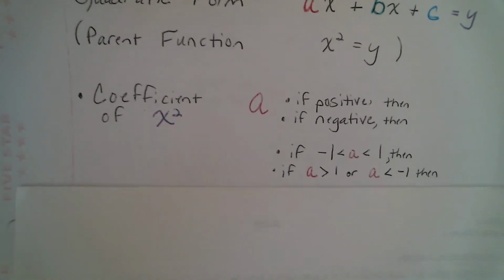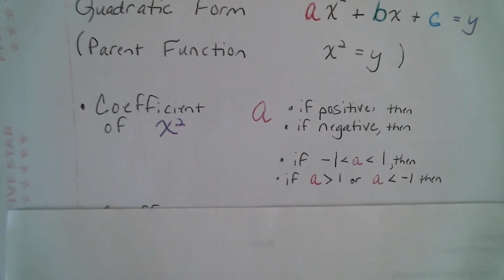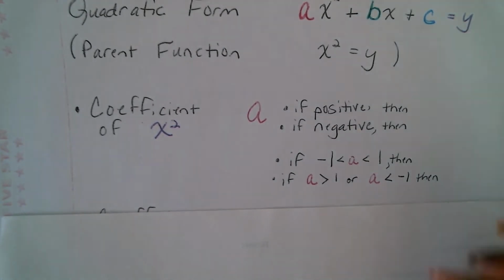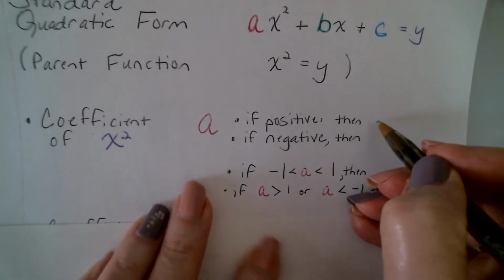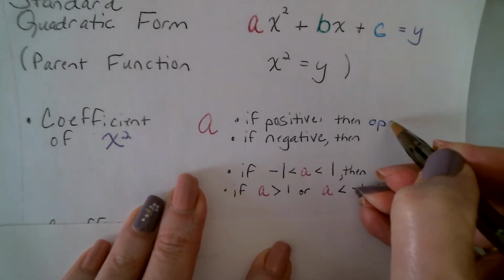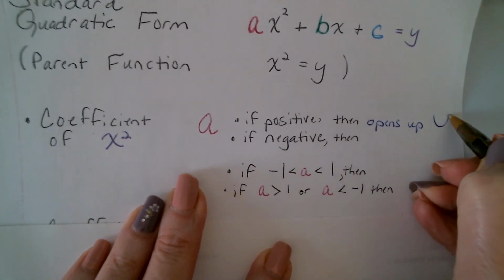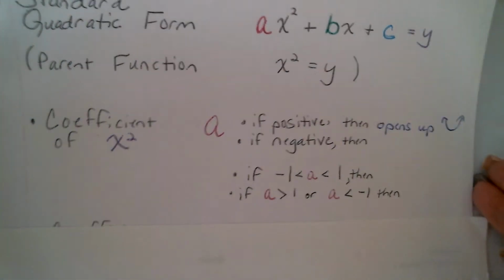Okay, so let's look at the coefficient for x squared, or a. If a is positive, then what should we know about the parabola? It opens up, and that means it looks like this. So the opening of the parabola is up like that, okay?